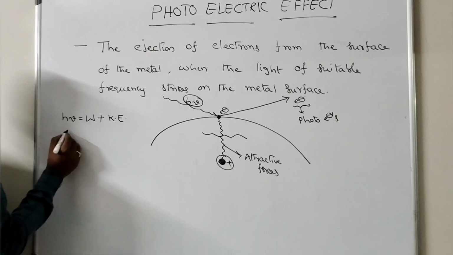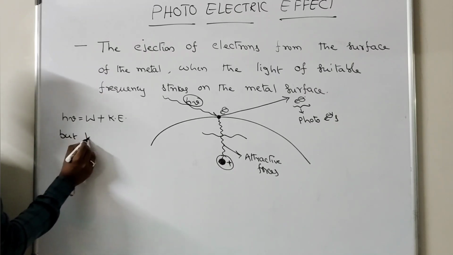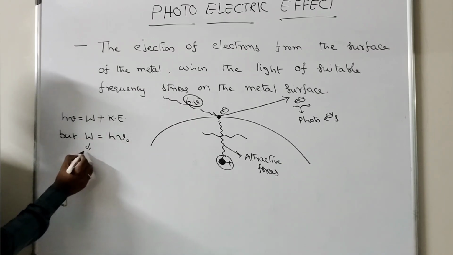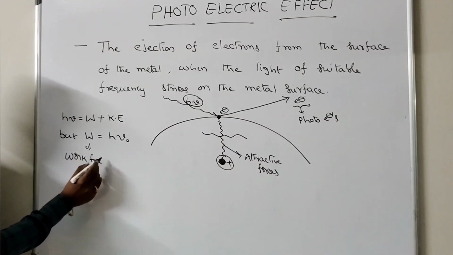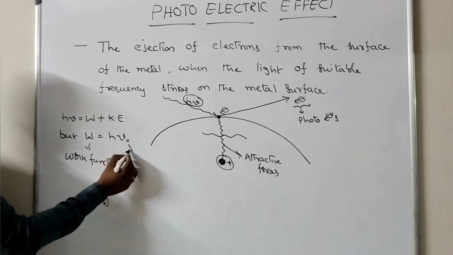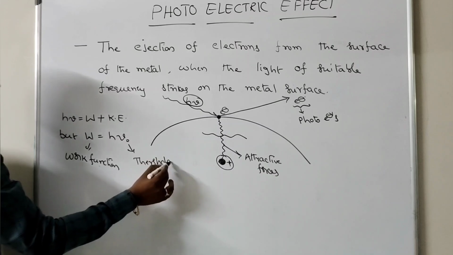So W, which is nothing but h nu naught. W is work function. Nu naught is a threshold frequency.